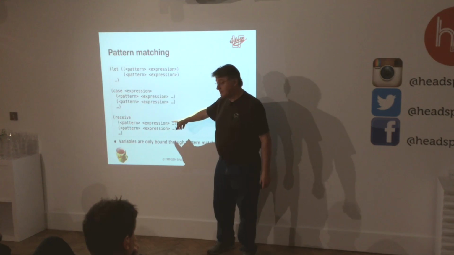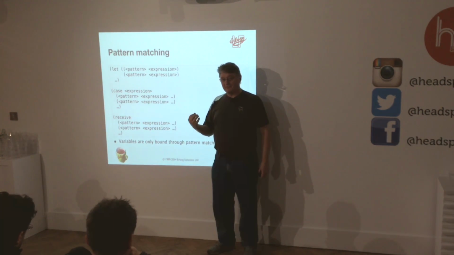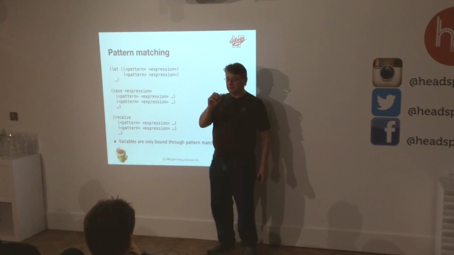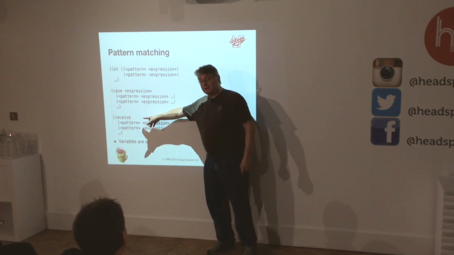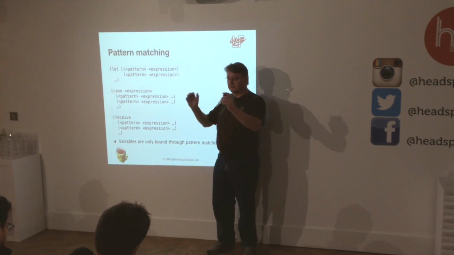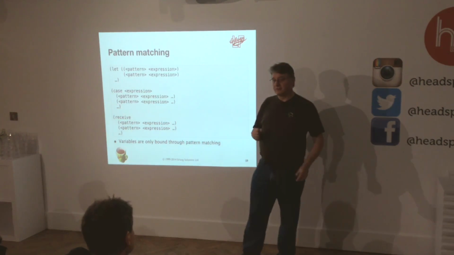The receive, that's how a process extracts messages from its message queue. So when it gets sent a message, the message is put in the message queue, and it does a receive when it wants to extract a message. And it uses pattern matching to extract the messages. So I can say, give me a message that looks like this. It'll take the first one there. If none there, it will just sit and wait until one arrives.